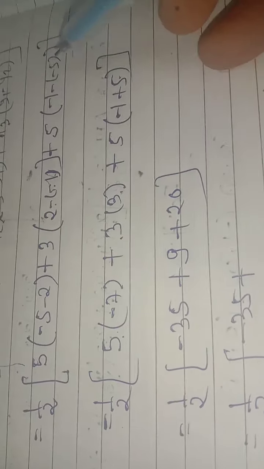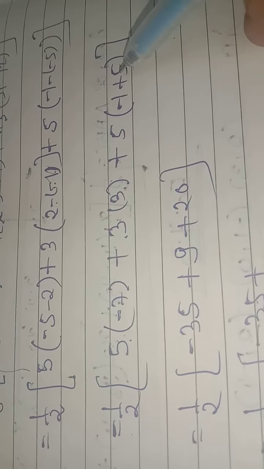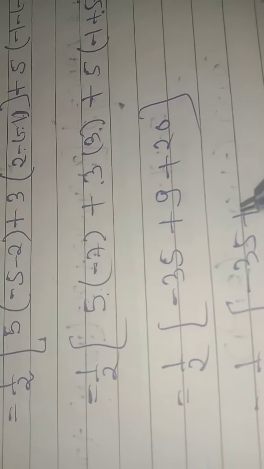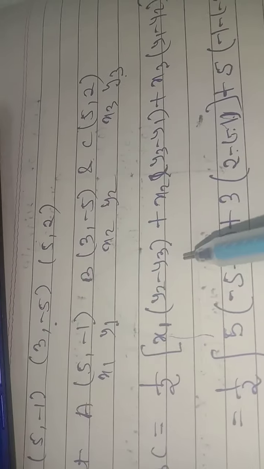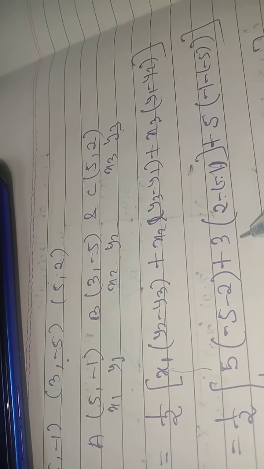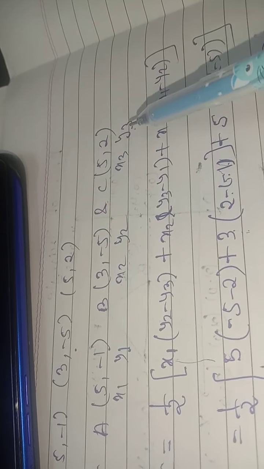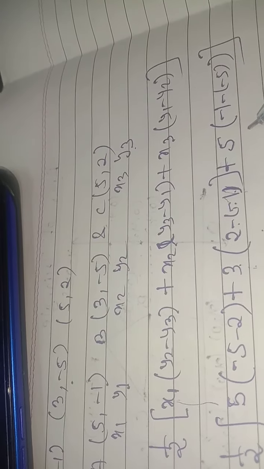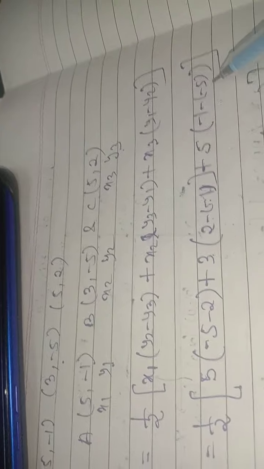What we'll get now, just wait for a moment. Let's check the value once again. It is y2 minus y3, x2 is 3, then y3 and y1, 2 plus 1, 3, and then it is y1 minus y2.